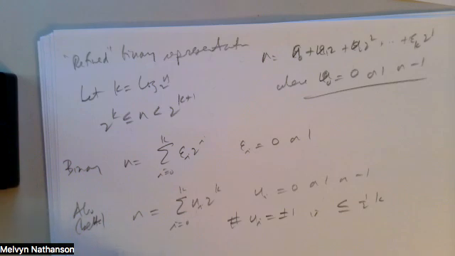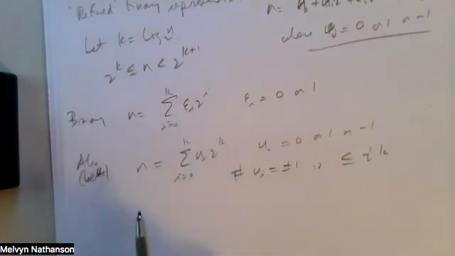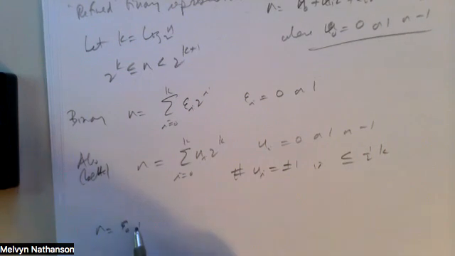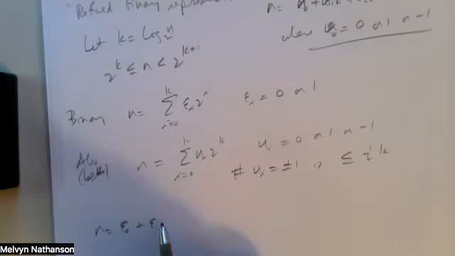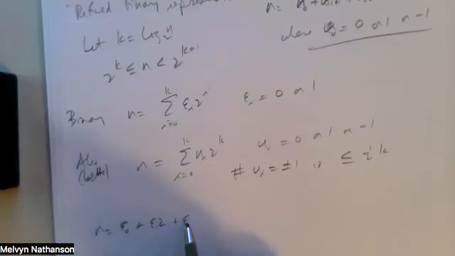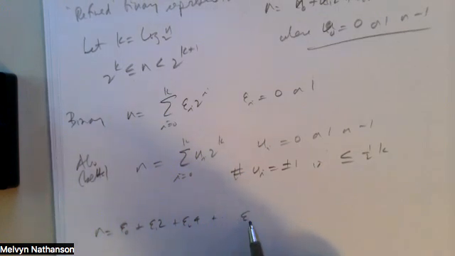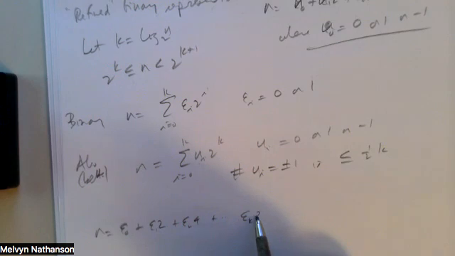So suppose you take the binary representation for n, and it's epsilon 0 plus epsilon 1 times 2 plus epsilon 2 times 4 up to epsilon sub k times 2 to the k, if you like.